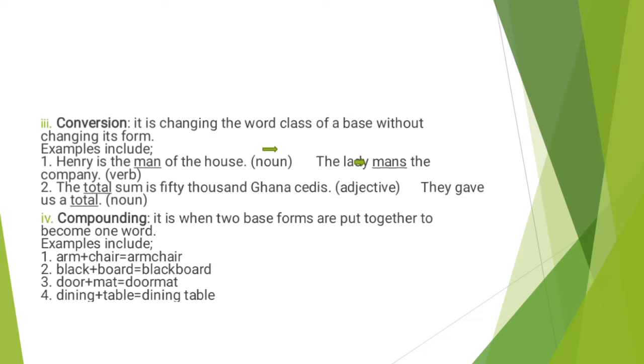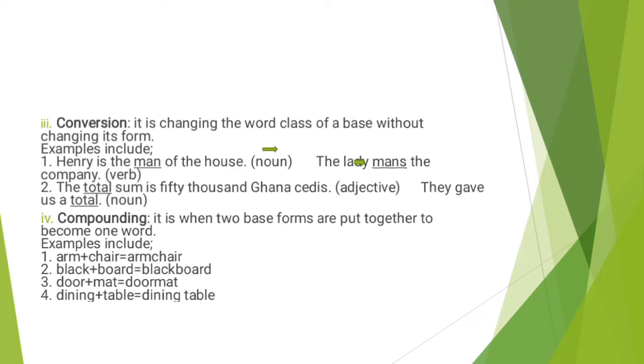So we have conversion. Conversion is changing the word class of a base without changing its form. Examples include: Henry is the man of the house. The underlined word in the first sentence is man, and the man there is a noun. Then we have: The lady mans the company. The underlined word here too is mans, but in this sentence, mans performs the function of a verb. So there has been a what? A conversion.